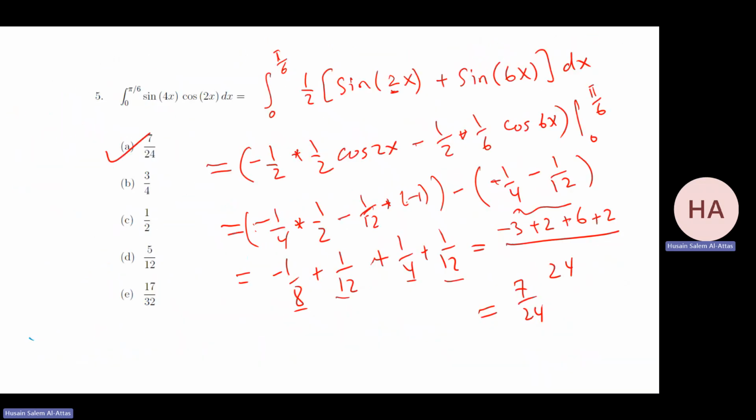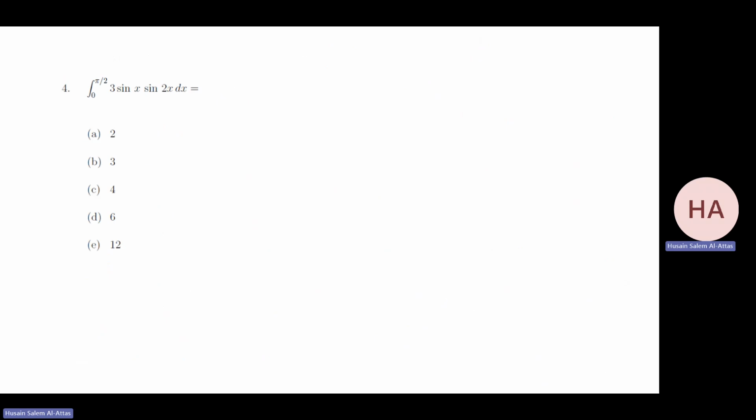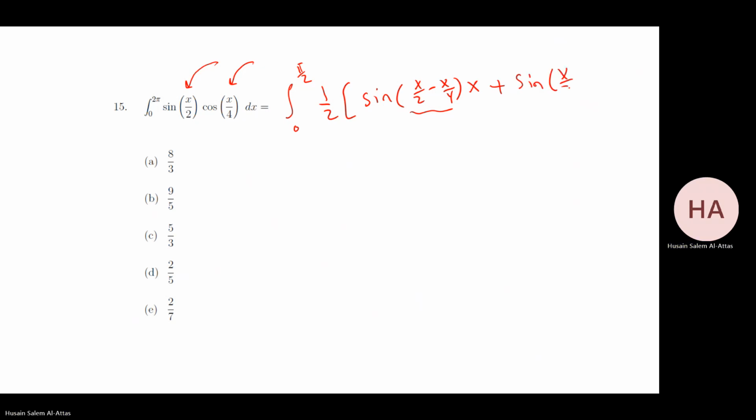So this will be the integral from 0 to pi over 2 of half, sine the difference, x over 2 minus x over 4, plus sine the sum, x over 2 plus x over 4, dx. That will be half.